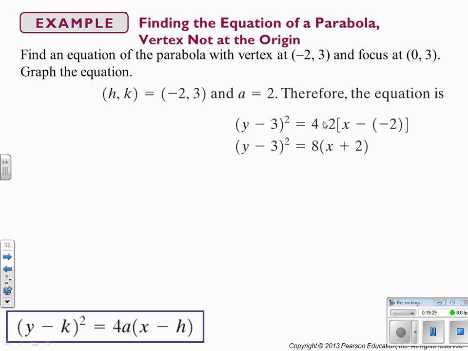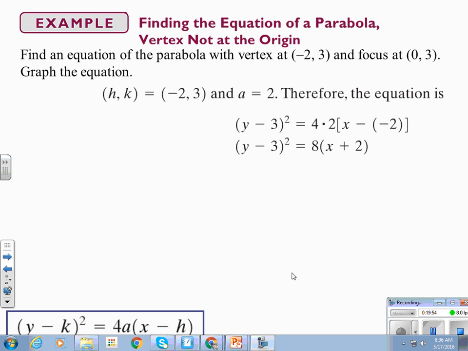So our equation is y minus k, so y minus 3, squared equals 4 times a, which is 4 times 2, times the quantity x minus h, h is -2. And then we simplify that to y minus 3 squared equals 8 times x plus 2.